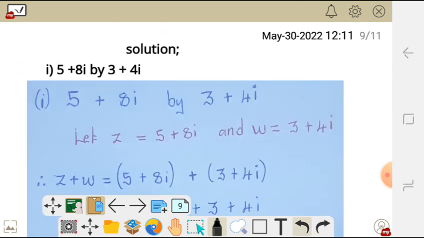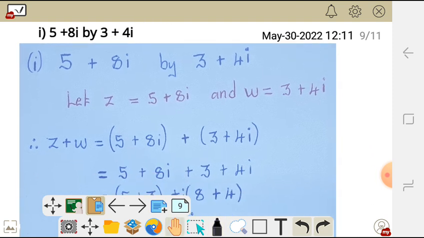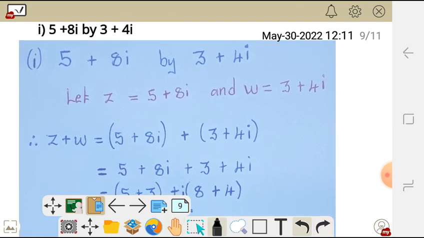So we have this complex number added to that complex number. Let z represent our first complex number, and let w represent our second complex number. If we add z plus w, then we are going to add this part in brackets plus this part here, which is our w.